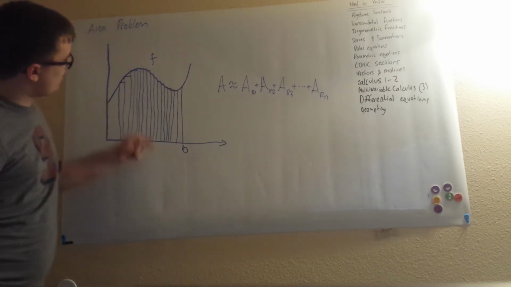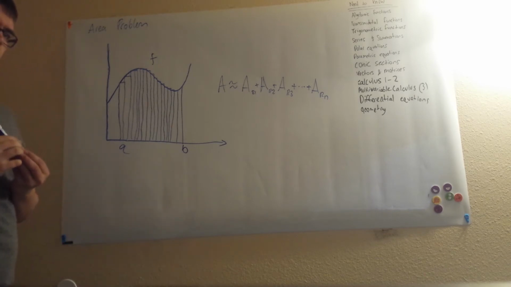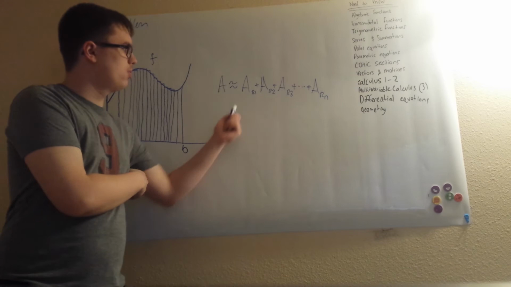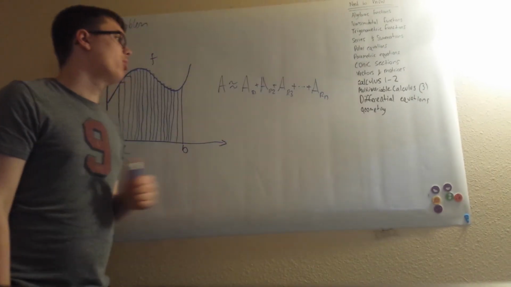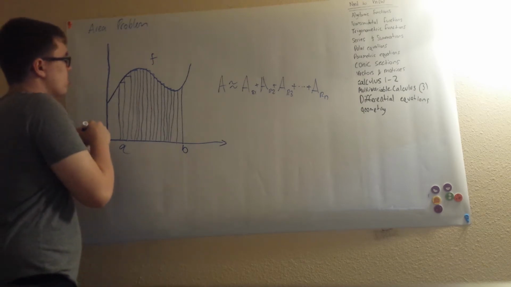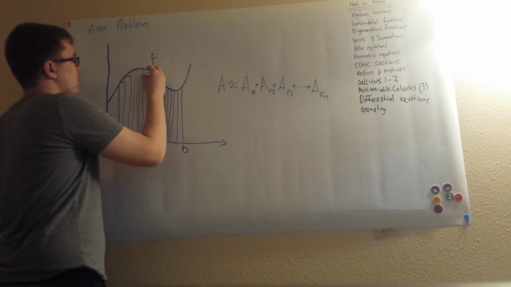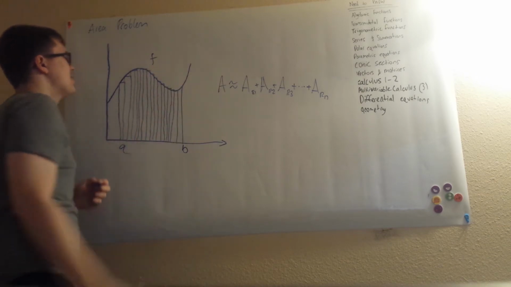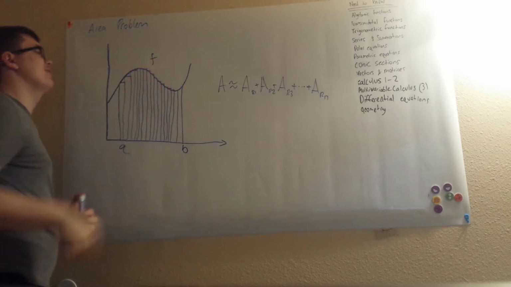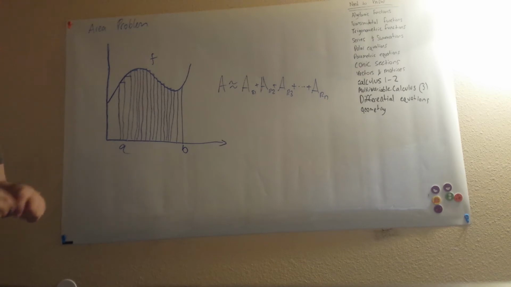I know this isn't straight rectangles, but I'm trying to prove a point. How do we make it more accurate? We're still adding rectangles 1, 2, and 3 up to N, but what's happening? Well, there's a lot of rectangles, but how much are we off by? Just a tiny bit. We're off by a tiny bit, except this might even balance out with that. We're really close. We've got an even greater approximation.